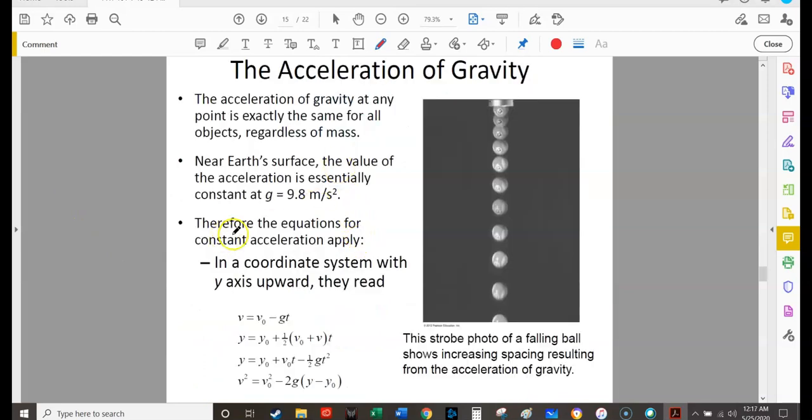Well, now that we're dealing with motion up and down, our motion equations are going to incorporate gravity, and we're going to always direct that gravitational acceleration downwards. So we're going to make sure that we call downwards the negative y direction and upwards the positive y direction.